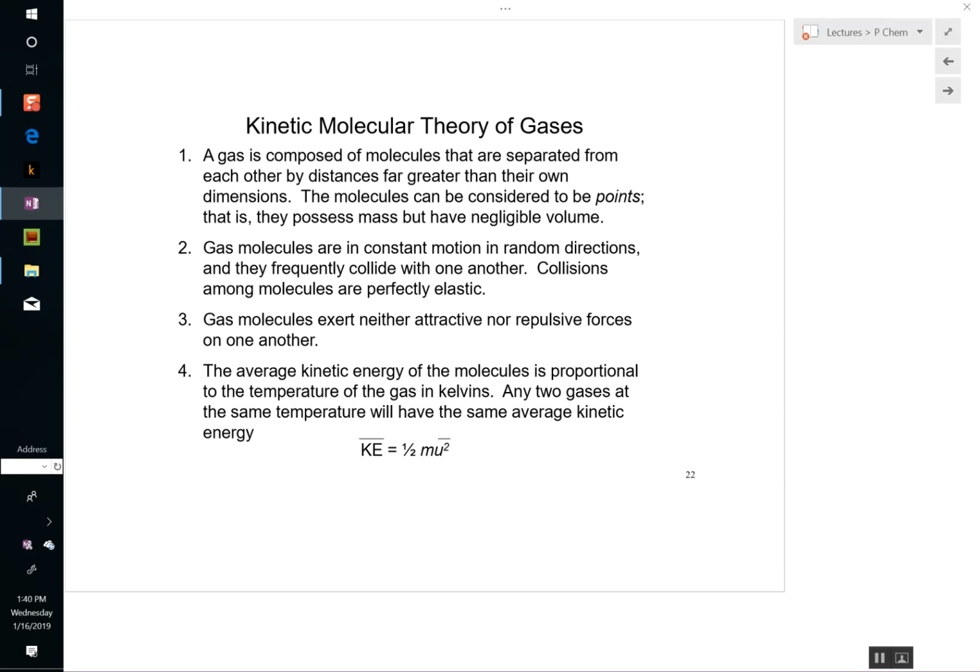So here's the ideal part of it. They exert neither attractive nor repulsive forces. When we start talking about real gases, we have to start dealing with this. What attractive or repulsive forces are involved? The average kinetic energy of the molecules is proportional to the temperature.